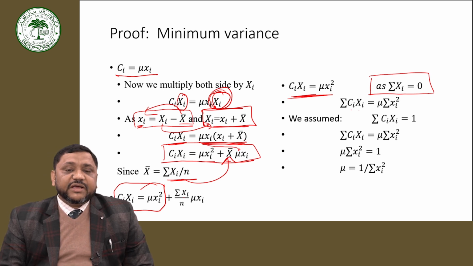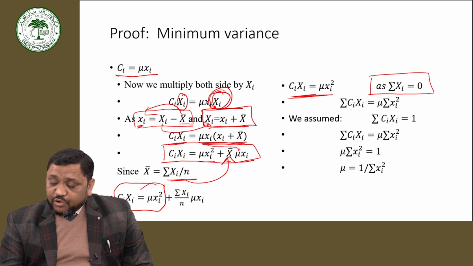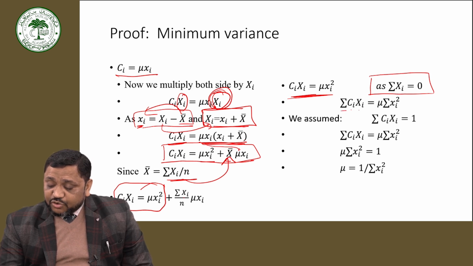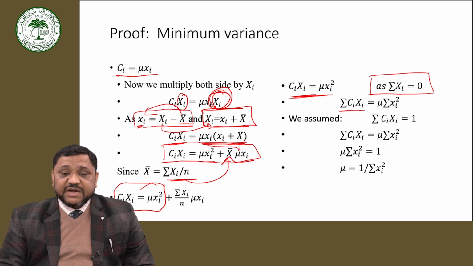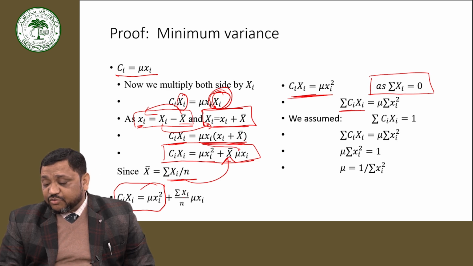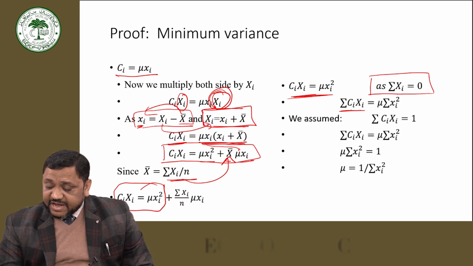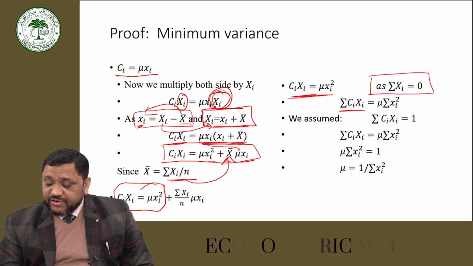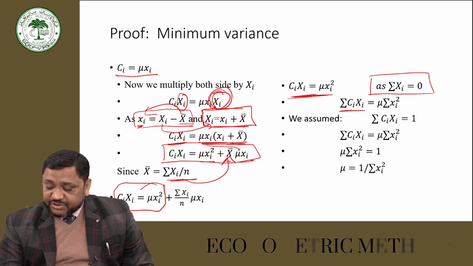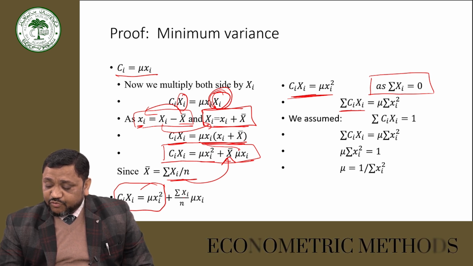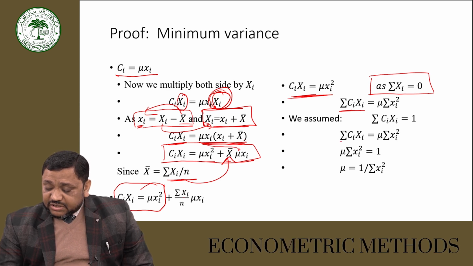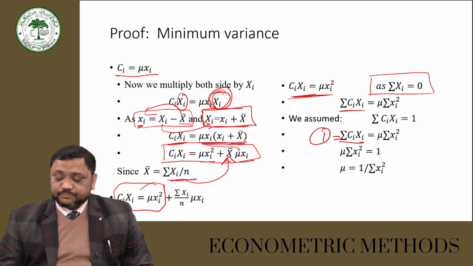summation xi square. We already know, as one of the assumptions, that summation ci Xi is equal to 1. Since we have already taken that summation ci Xi is equal to 1, we can write summation ci Xi is equal to mu summation small xi square, and this is equal to 1.